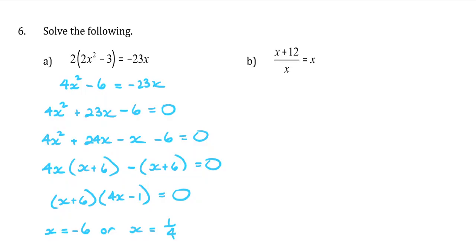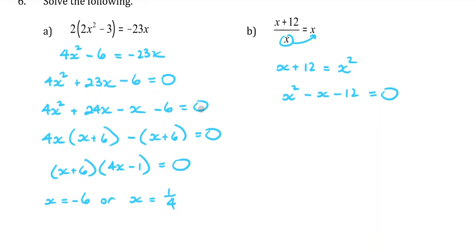Part B. To get rid of the fraction, I'm going to times the x up to the other side. So that would be x plus 12 is equal to x squared. Now I want the x squared positive, which means I'm going to subtract the x and subtract the 12 over to be on the same side. So it's equal to 0. Then I can factorise. This is just a monic one.